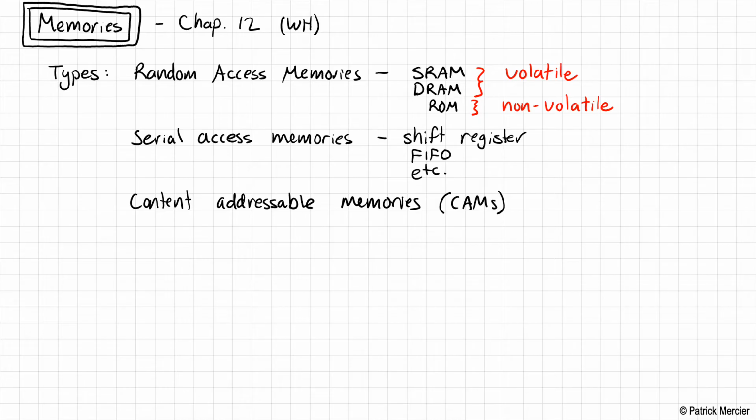What we're going to focus most of our attention on today is random access memories. As it turns out, random access memories, or I suppose memories more generally, but usually random access memories, are typically laid out in arrays.